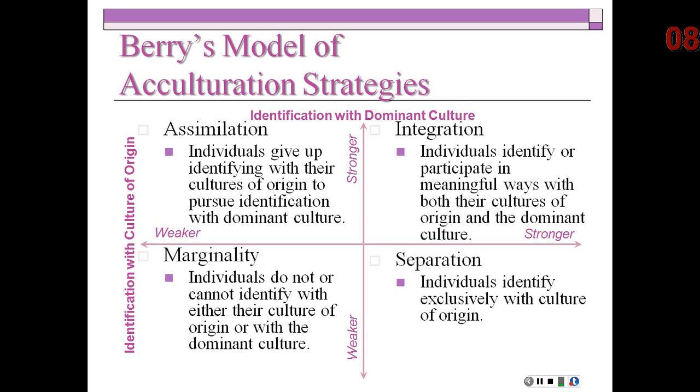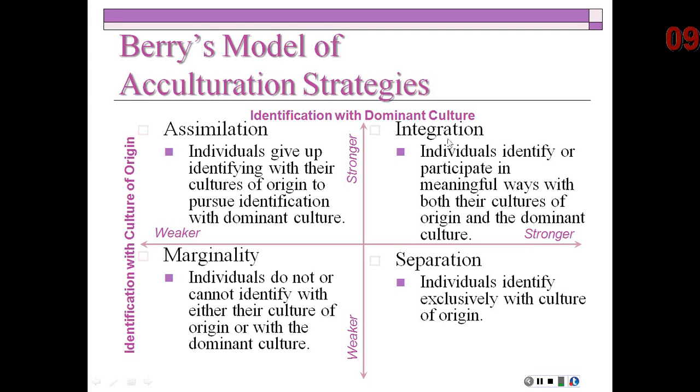Now, Berry created this model of acculturation strategies, right? And there are these four different strategies of acculturation. And so we have here on the y-axis identification with the dominant culture. On the x-axis, we have identification with culture of origin, and weaker is on the left, stronger is on the right.